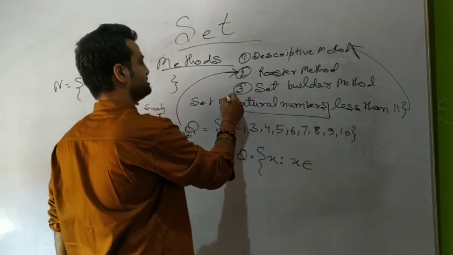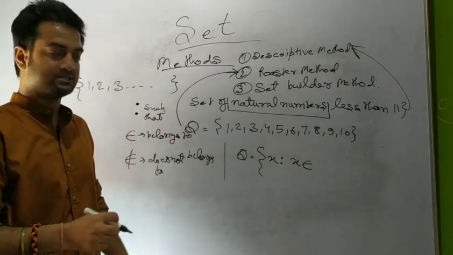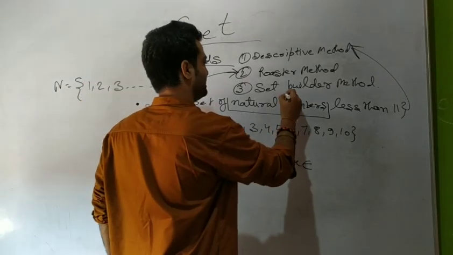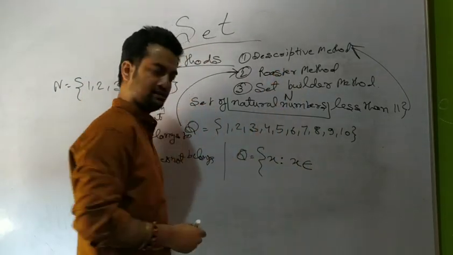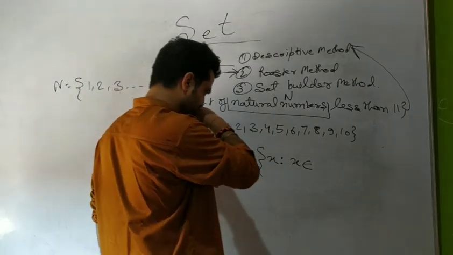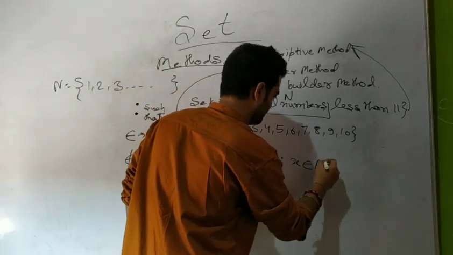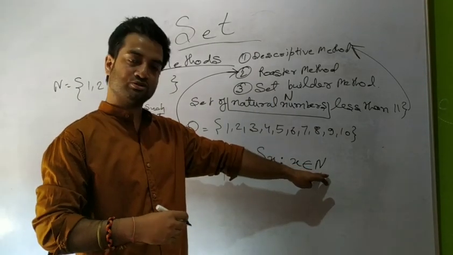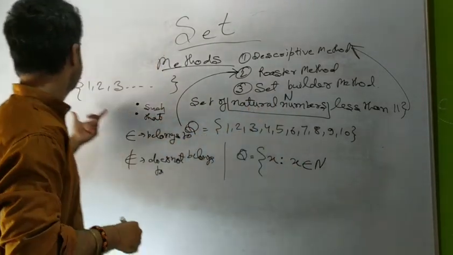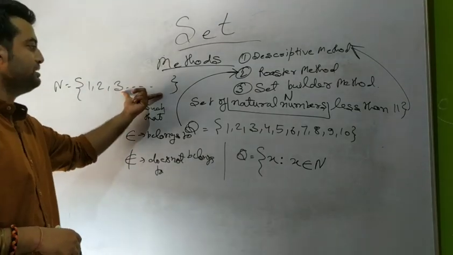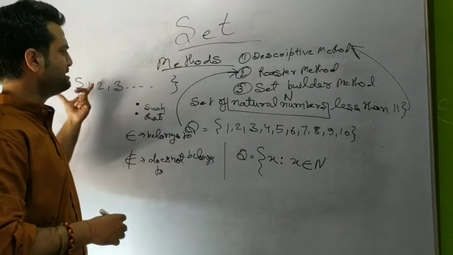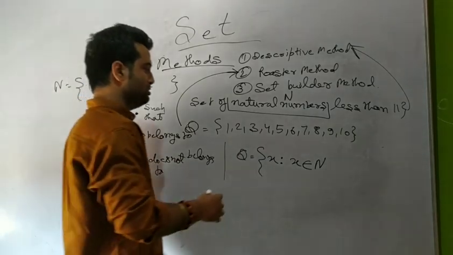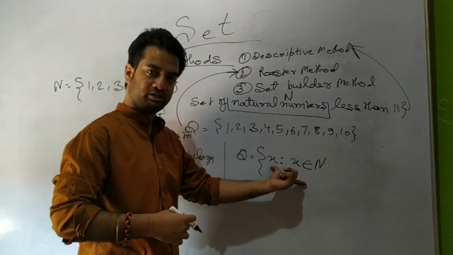The set of natural numbers is already a well-defined set and it is denoted by the capital letter N. So x belongs to N. Since I told you that natural numbers form an infinite set, meaning it has infinite elements, we have to put some restrictions on it.